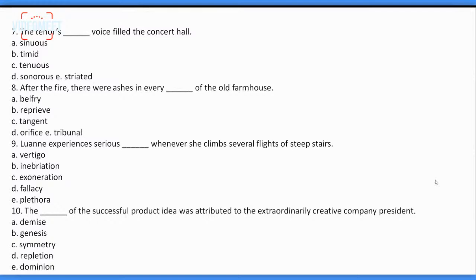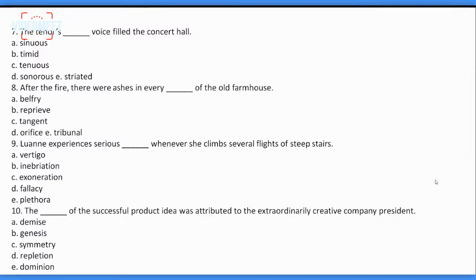So this option would be eliminated. Now, reprieve. I'm sure you know the meaning of reprieve by now, because this was there in the last slide as well. A reprieve means to abandon something of the choices, to push somebody to postpone their plans. Again, not relevant to the sentence.